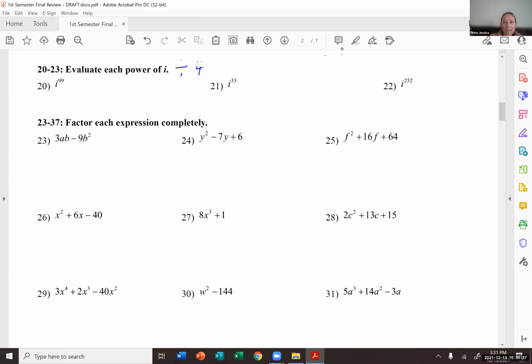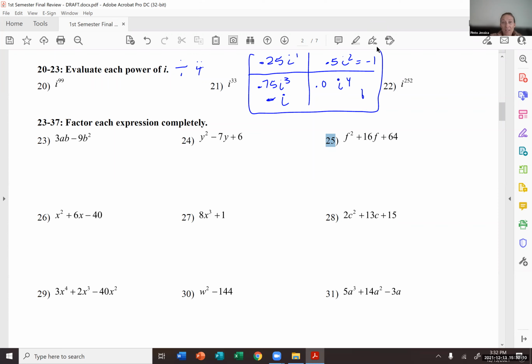Okay, let's see. 0.25, i to the first. 0.5, i to the second, which is equal to negative 1. 0.75, that's going to be i to the third power. That's negative i. And then I have 0.0, right? It went in evenly. That's i to the fourth power. Negative 1 times negative 1. That's going to be 1.